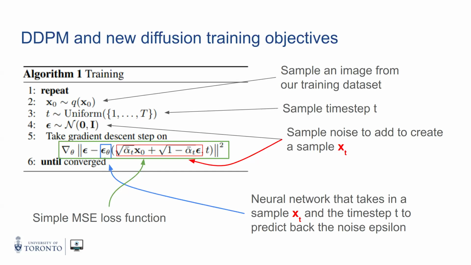I'm going to train a neural network that, given a noisy image and some other information like the time step, predicts back the noise. So now we add some true noise epsilon to our image, and we want to approximate this using some quantity epsilon theta, where theta are the parameters of our neural network. Make sense? Any questions on this?